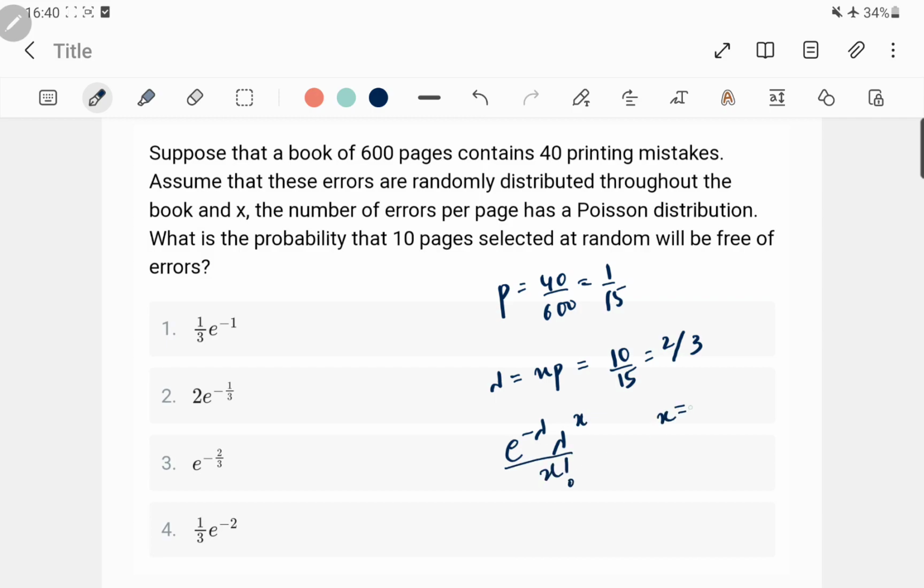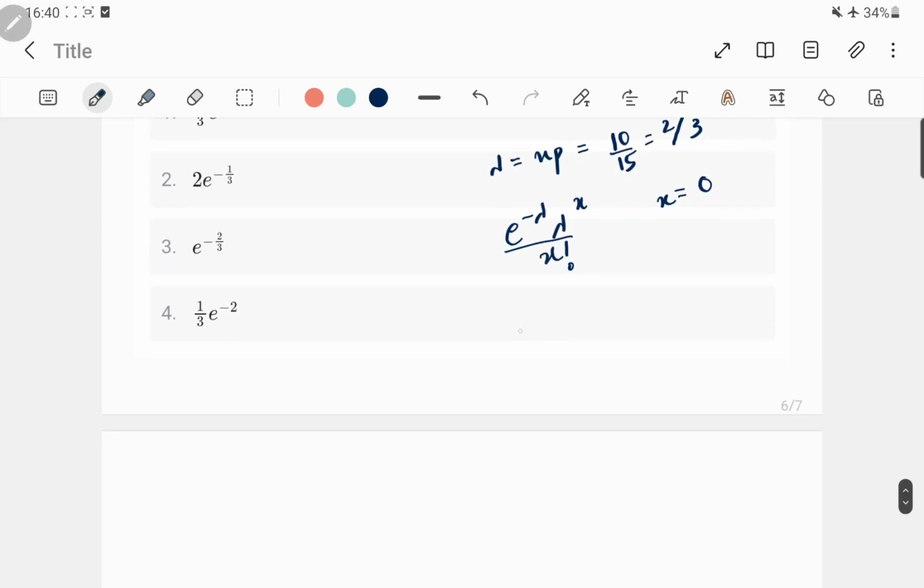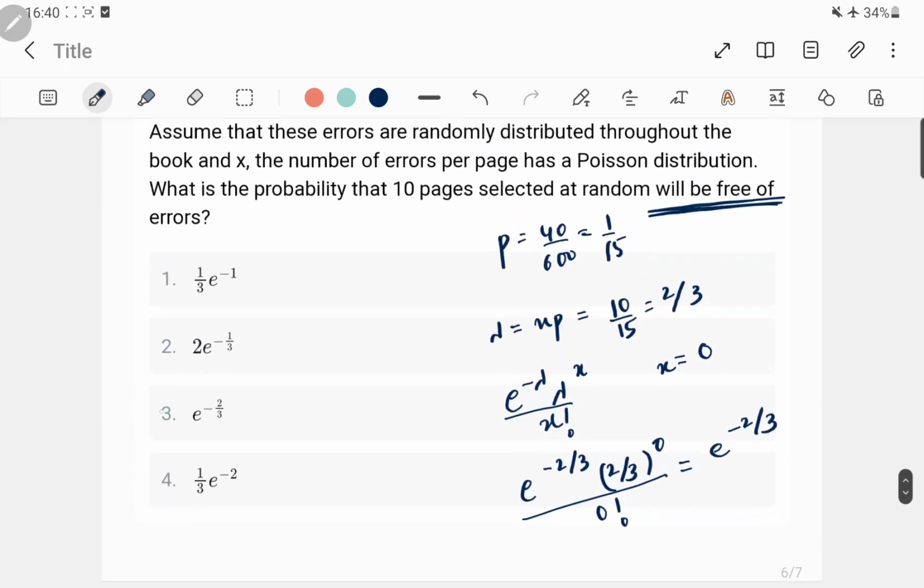Here x is nothing but 0 because we want it to be free of errors. So e to the power minus 2 by 3, 2 by 3 to the power 0 upon 0 factorial, which is nothing but e to the power minus 2 by 3. So the correct option is option 3.